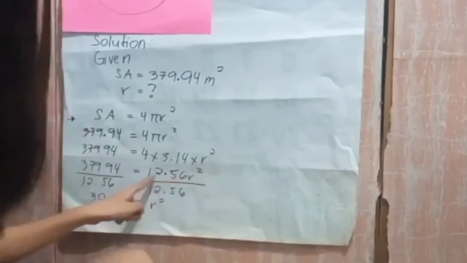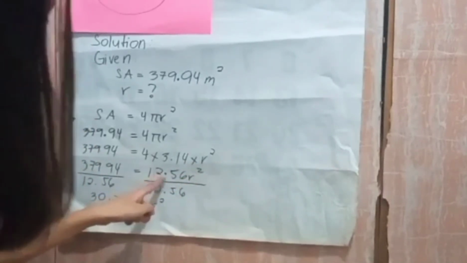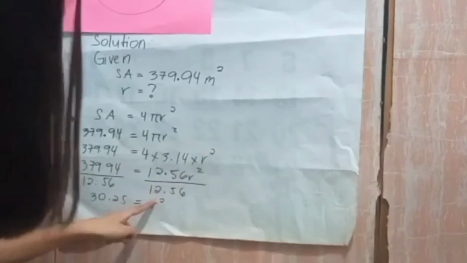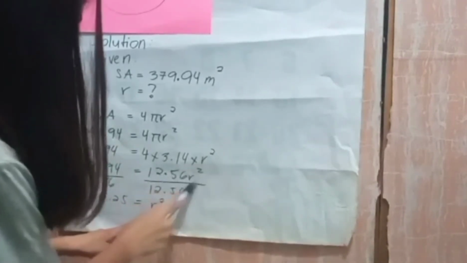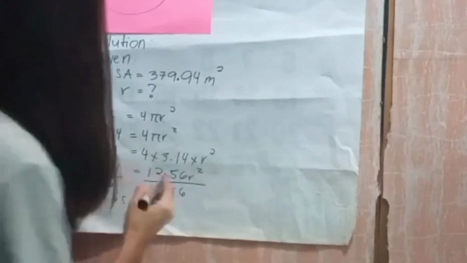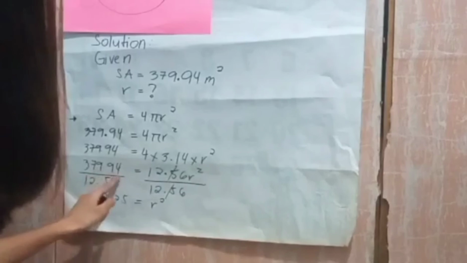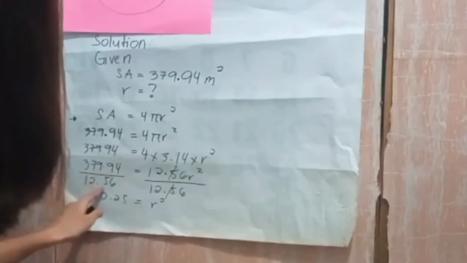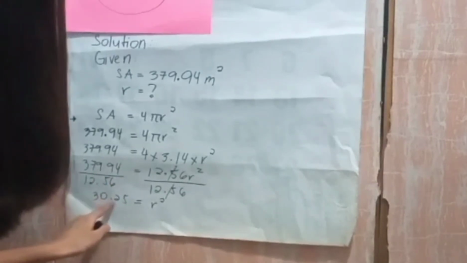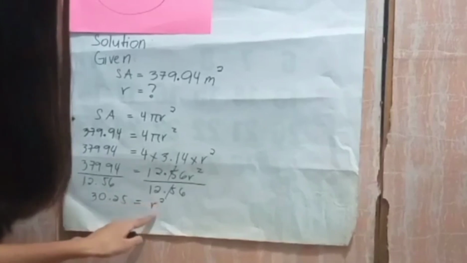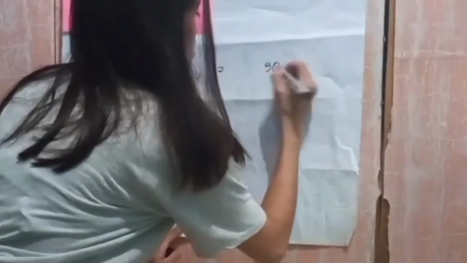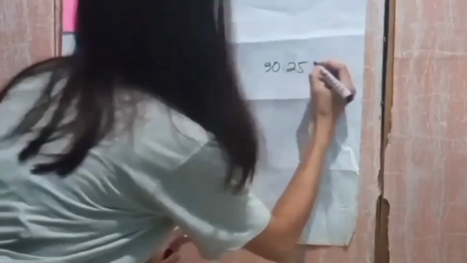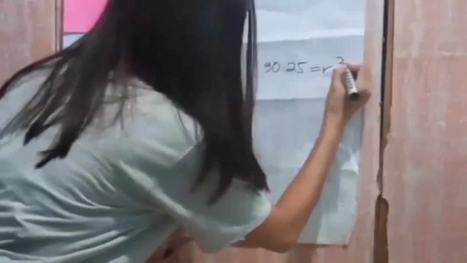We need to divide both sides by 12.56 so that r squared will remain on this side. 379.94 divided by 12.56 is equal to 30.25, so 30.25 is equal to r squared.